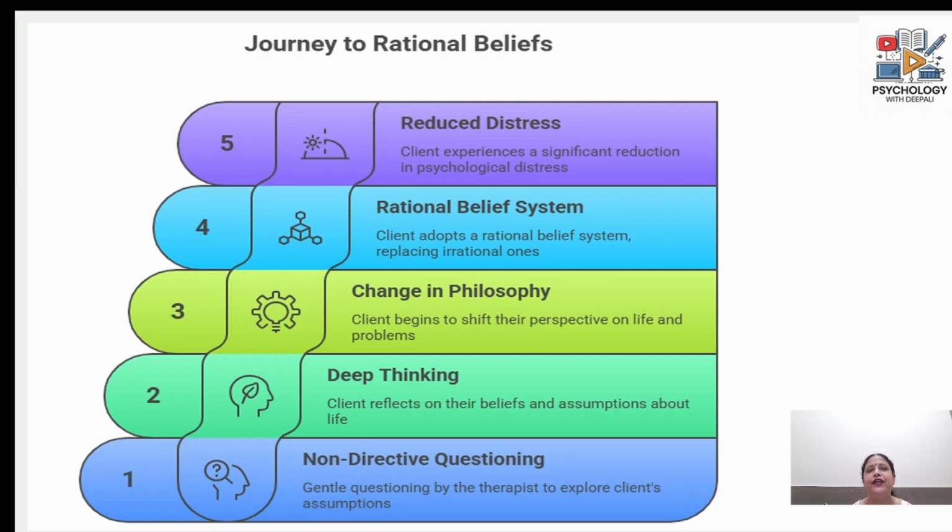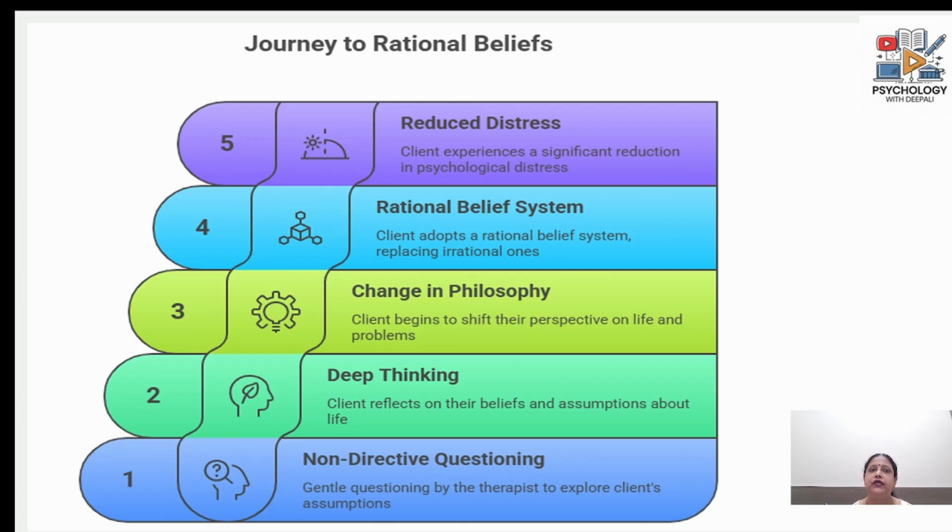So the client will gradually adopt a more rational belief system, which replaces the irrational belief system. And this leads to a reduction in the distress experienced by the person, the reason for which he or she has come to therapy in the first place. So when there is a reduction of distress felt by the person, we can say that RET or REBT has been successful.